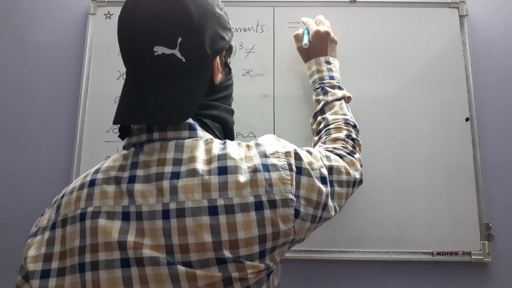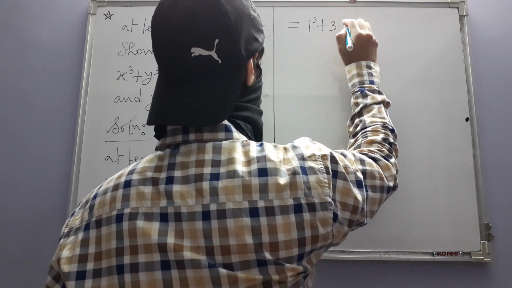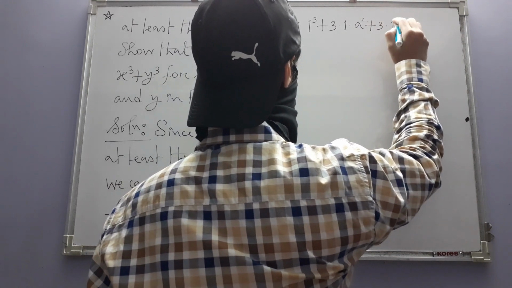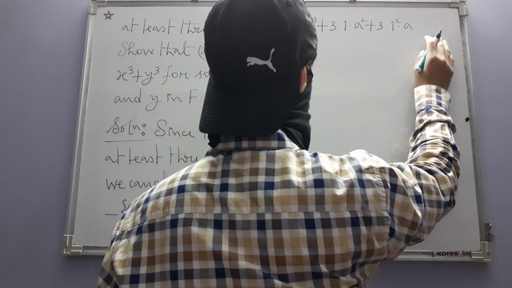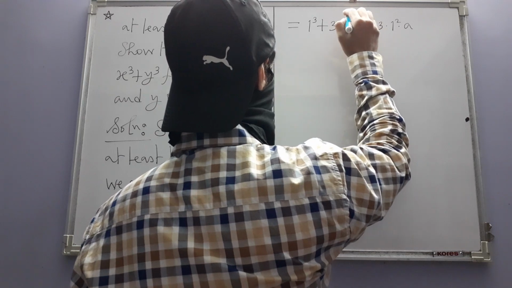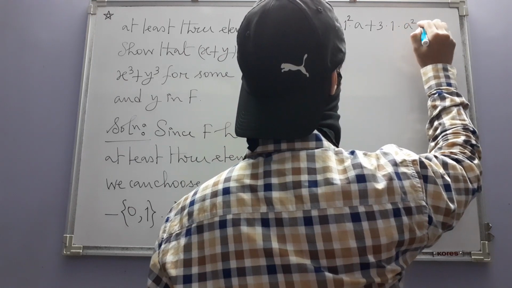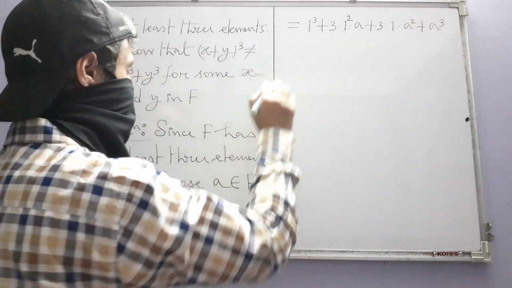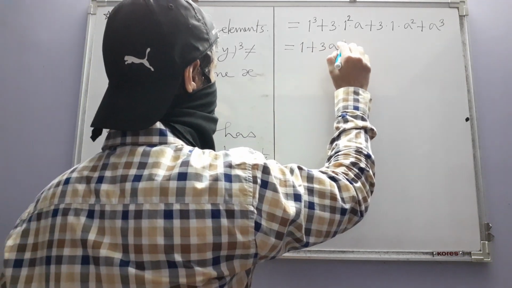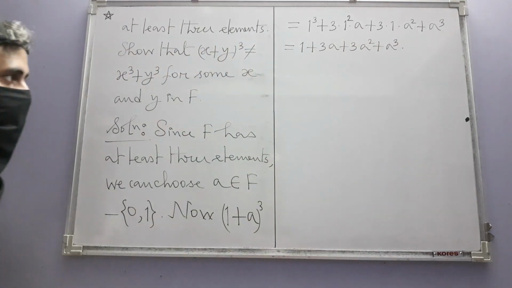So this just becomes 1 cube plus 3 times 1 times a square plus 3 times 1 square times a. Now, it does not matter if I write it like this, but still let's maintain the order. 1 times a square plus a cube, and that equals 1 plus 3a plus 3a square plus a cube.